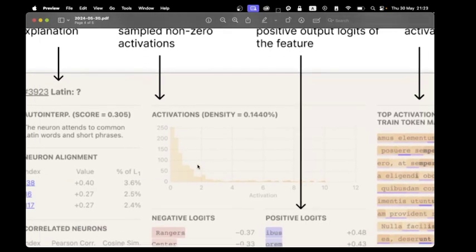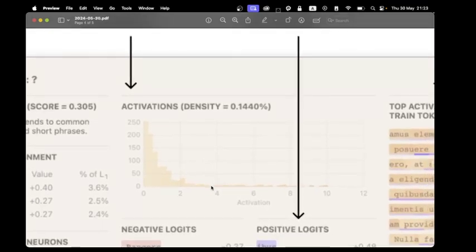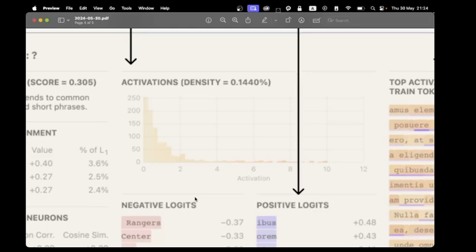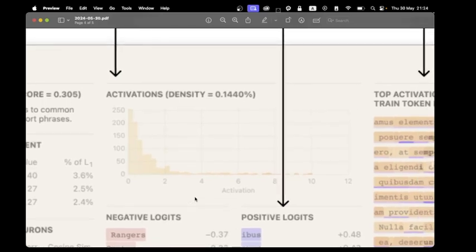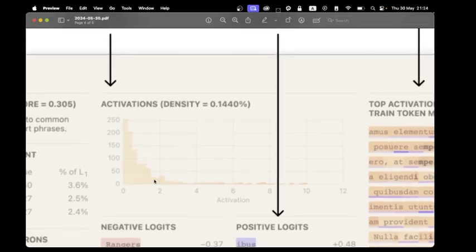Wait, so this plot, what's X, what's Y? Yeah, so on the x-axis, we have number of activations. So how many times did it activate in some data sample? Yeah, actually, now that you asked it, I'm confused as well. Yeah, so we fix a feature, and this is number of samples. So this is a histogram.